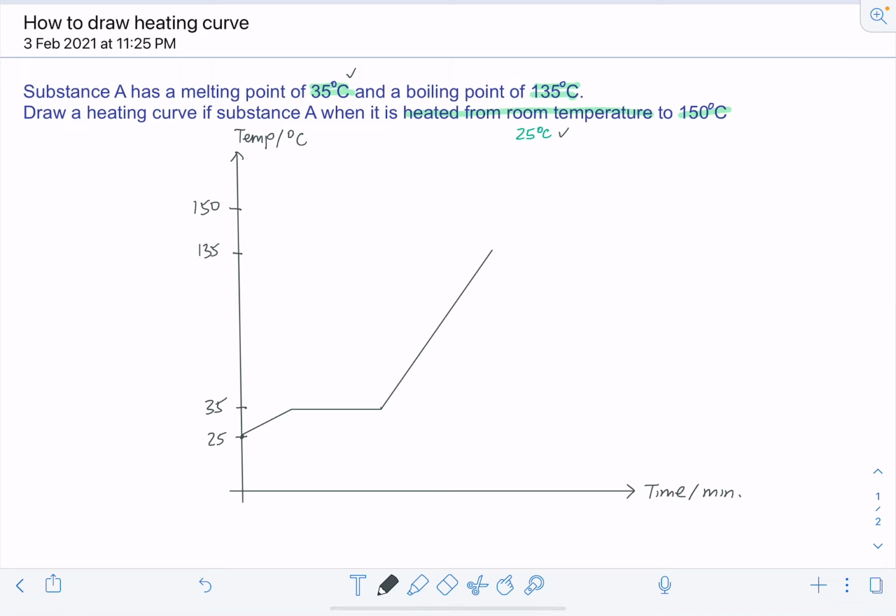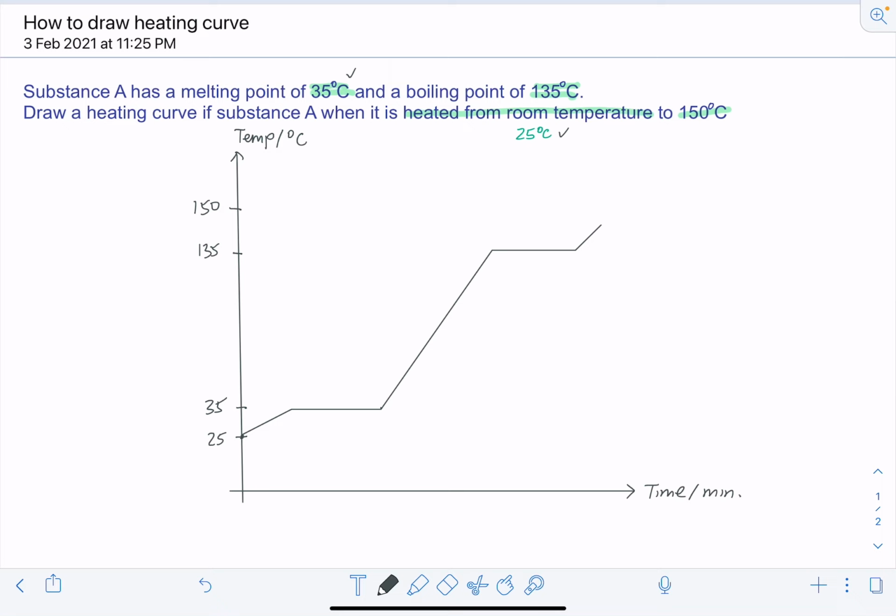Again, at boiling point, the substance has a temperature that remains constant, due to the change of state. Once this is done, any further heating will continue with an increase in temperature, showing that the heat is now used to raise the temperature of the substance. As you can see, I'm already done with my heating curve.